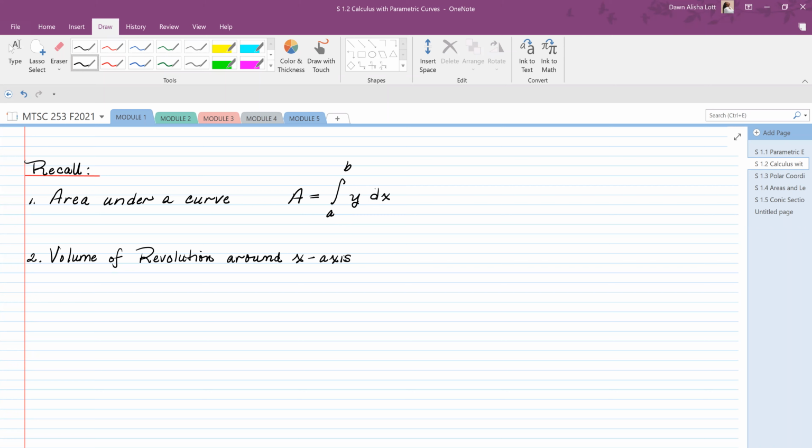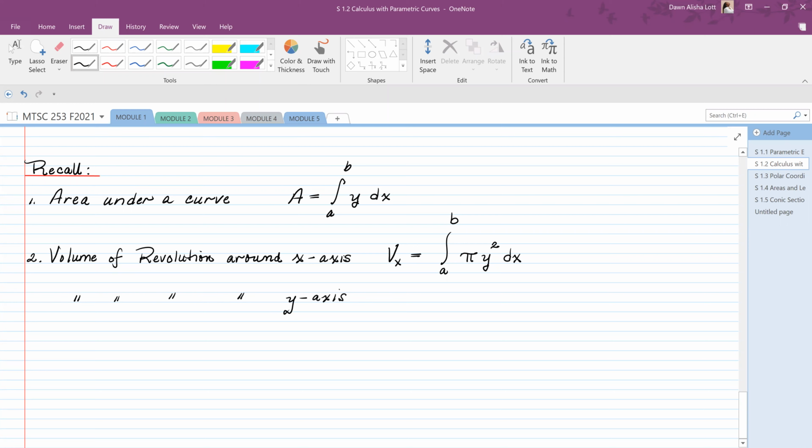So we get V sub x, that volume, is then the integral from a to b of pi r squared, where r, if you remember, was just the height of the function, dx. And then the volume of revolution around the y-axis.